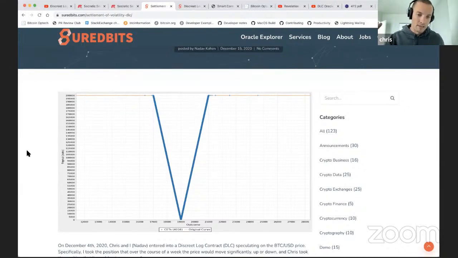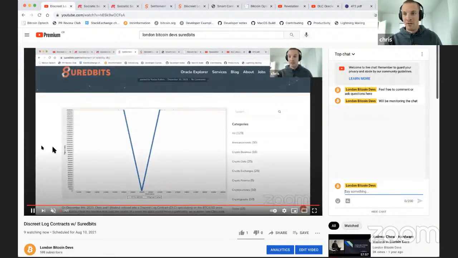So on the y-axis here, it specifies the payouts in Satoshis that I receive if the Oracle attests to a certain outcome. So if the price that the Oracle attests to was $19,000, I get 0 Satoshis. Well, that sucks. I don't want $19,000 to be attested to. However, if the Oracle attests to the price of $17,000, well, that's very good for me.